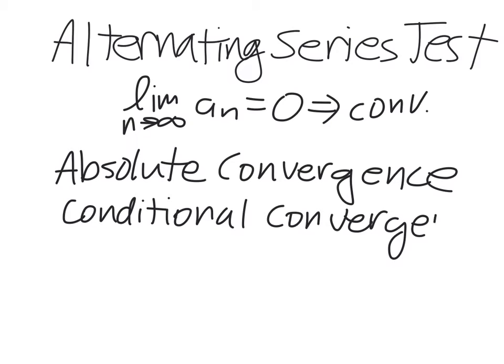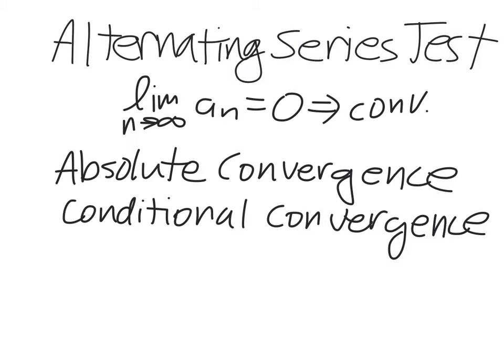Absolute convergence says if you can take the absolute value of the series term and show that that series converges, then the alternating series will also converge. No question on that. If the series with all positive terms converge, then the series with some negative terms will definitely converge.